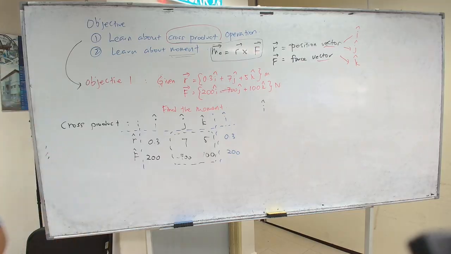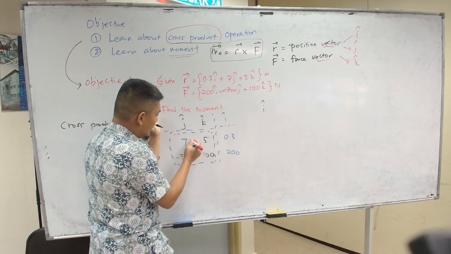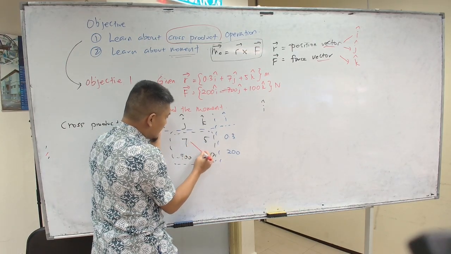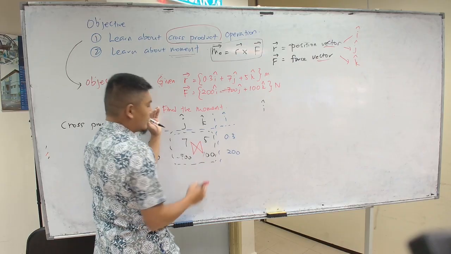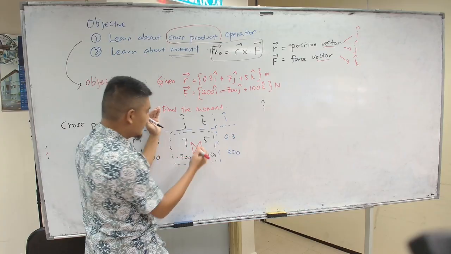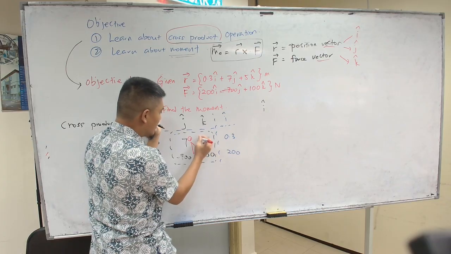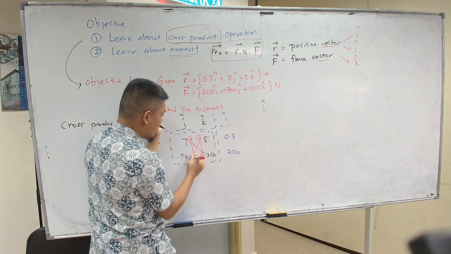So, in order to find the I value, this is a ribbon. This is number 1, number 2, number 3, and number 4.